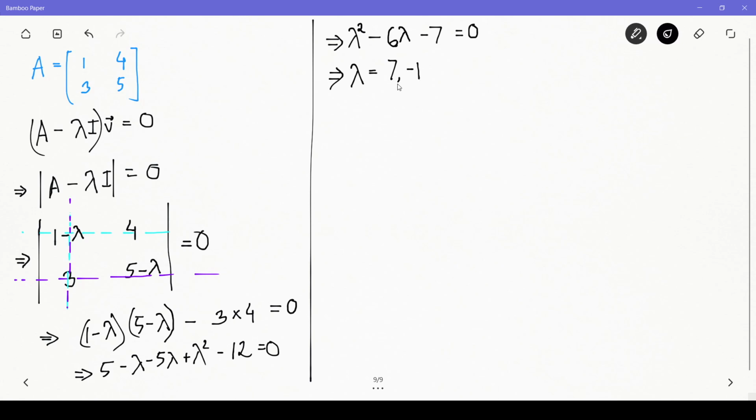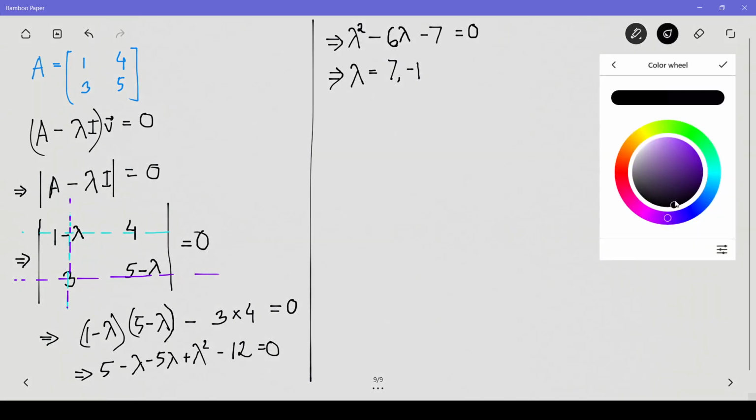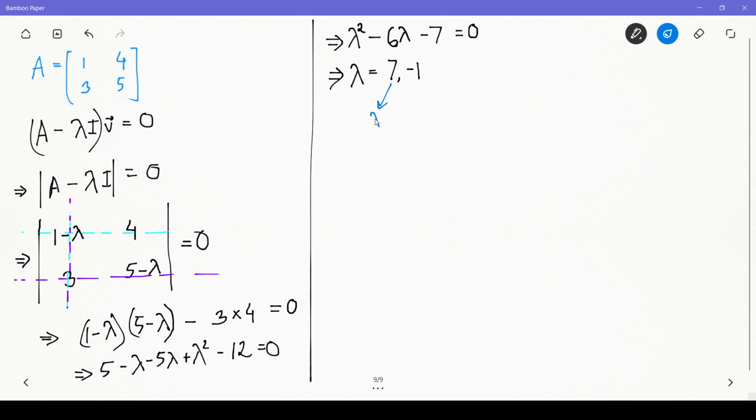So these are the roots of my characteristic equation, and these roots are of course my eigenvalues. Let's call them lambda 1 and lambda 2. We are going to get two different sets of eigenvectors, one for each of these two eigenvalues. Okay, fine.